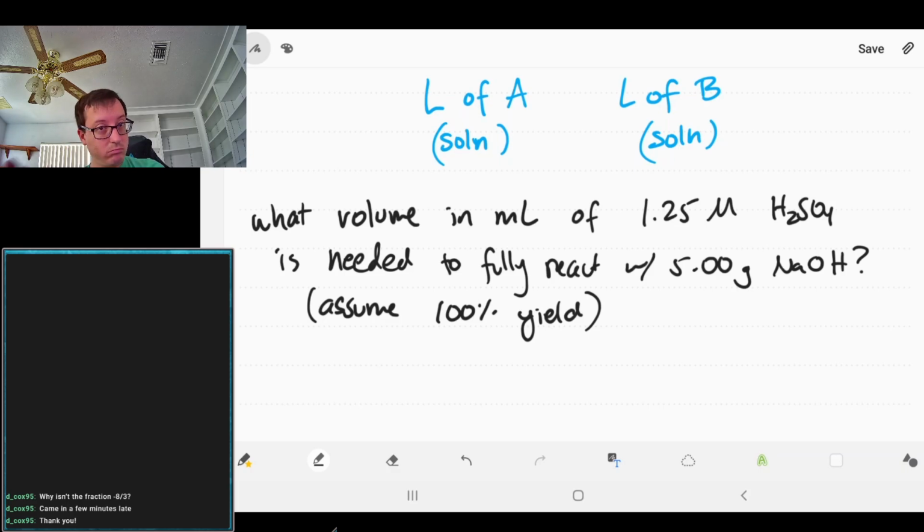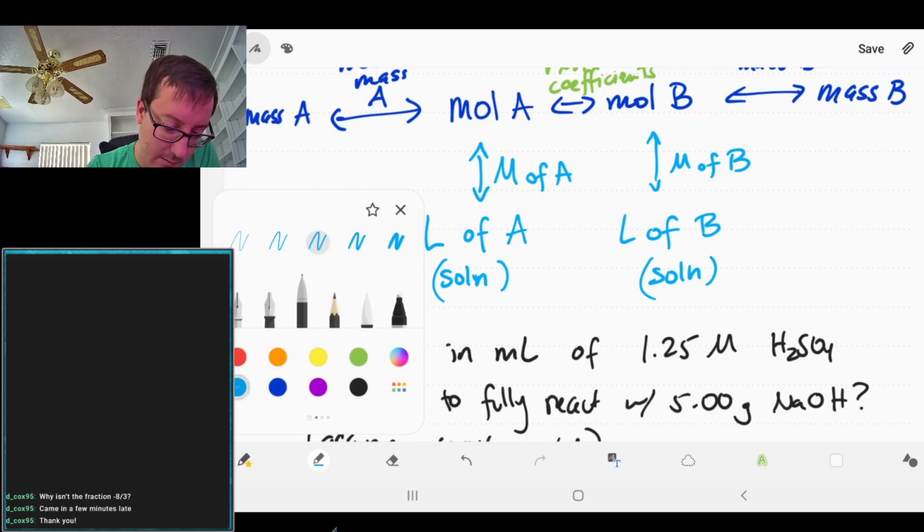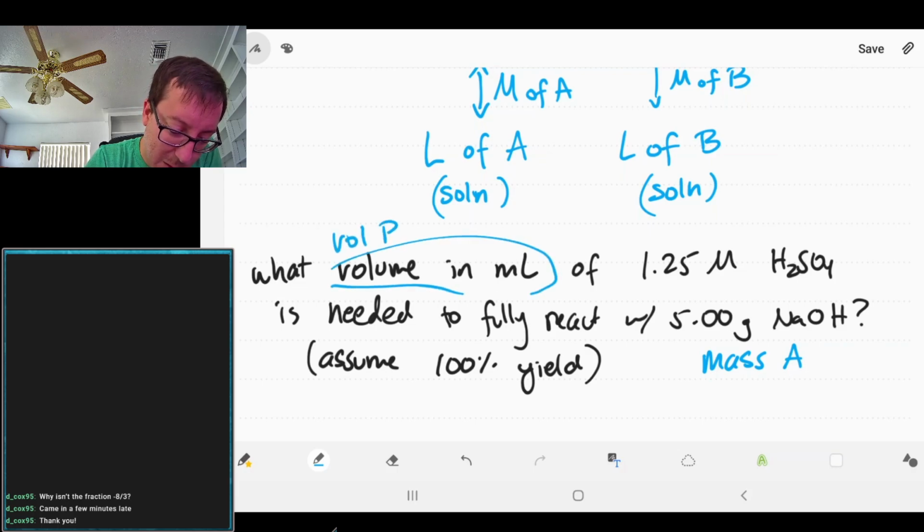Now, we can say what volume of this solution is needed to react with this mass of some other substance. So, we see here, this would be our mass of A, and we're looking for volume of B. I guess technically liters of B is what I had written there, but we're looking of that, right?